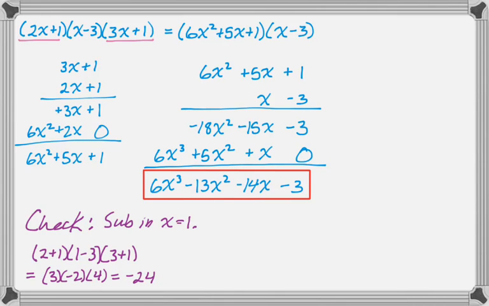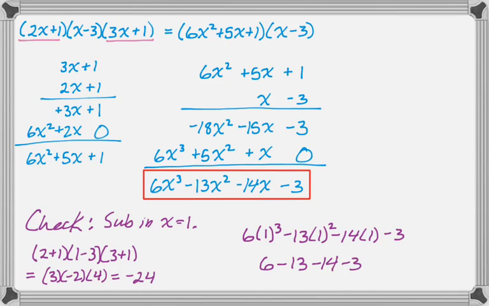And now I just hope that I get that when I substitute 1 into my expanded form. So 6 times 1 cubed minus 13 times 1 squared minus 14 times 1 minus 3, which is 6 minus 13 minus 14 minus 3, which is, what is that? Yeah, that is -24.